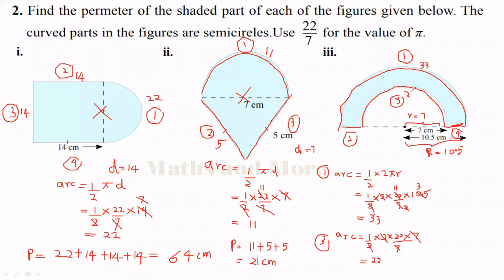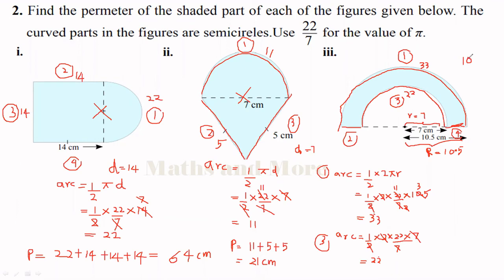When you find the perimeter, what are the other values you have to add? What about this small line? This whole bigger line up to here is 10.5. From here to here 10.5, here to here 7. If you subtract this 7 from this 10.5, you will get this smaller line. It should be 10.5 minus 7. What is 10.5 minus 7? 3.5.